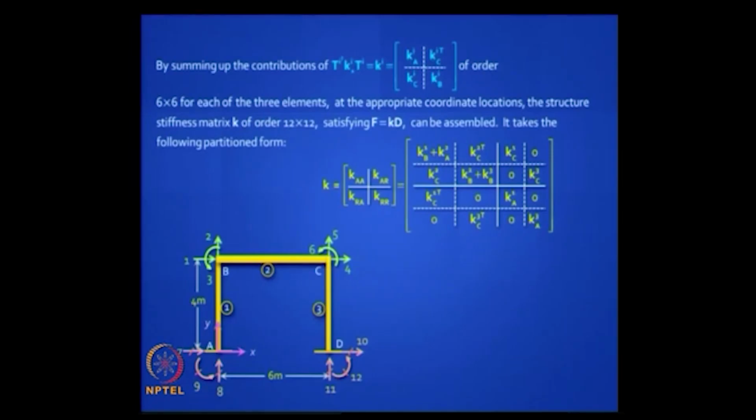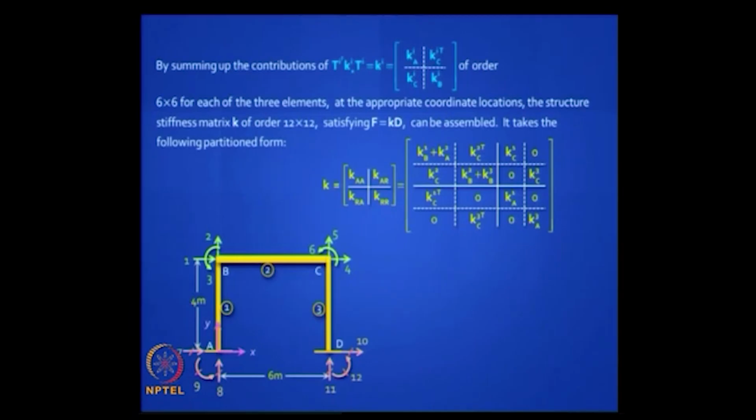So the slotting comes from understanding the linking coordinates, right. For each of them I have a 6 by 6 matrix, and at the appropriate coordinate locations the structure matrix K of order 12 by 12 satisfying F equal to Kd can be assembled. It takes this form.